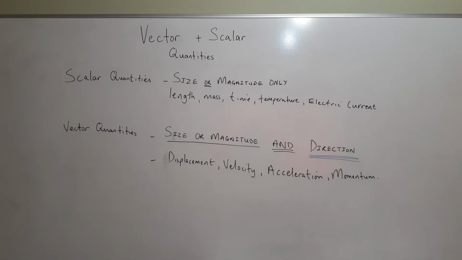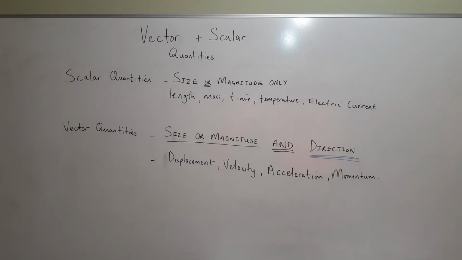But if I traveled 10 meters northwards, I am no longer talking about the distance I traveled, but now I am talking about displacement. I have now stated both the distance, 10, the amount, the magnitude, right, 10 meters, as well as the direction, north, right?